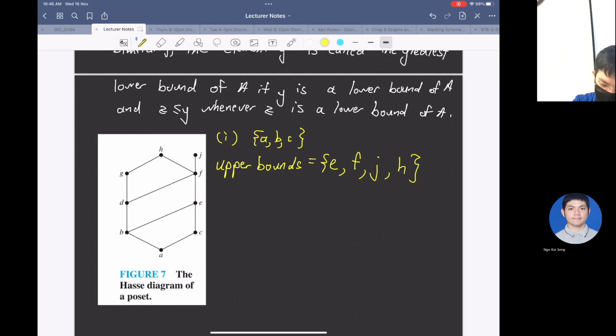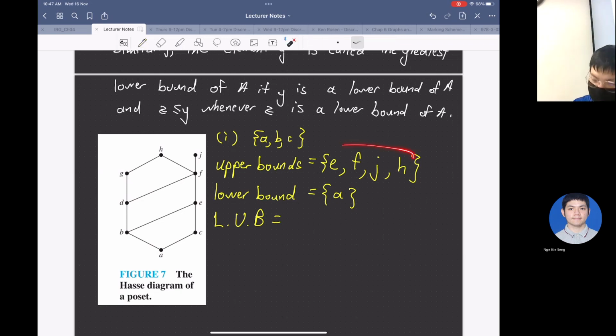How about lower bounds? What's the lower bound? A, and I think that's all, only A. So what is the least upper bound?